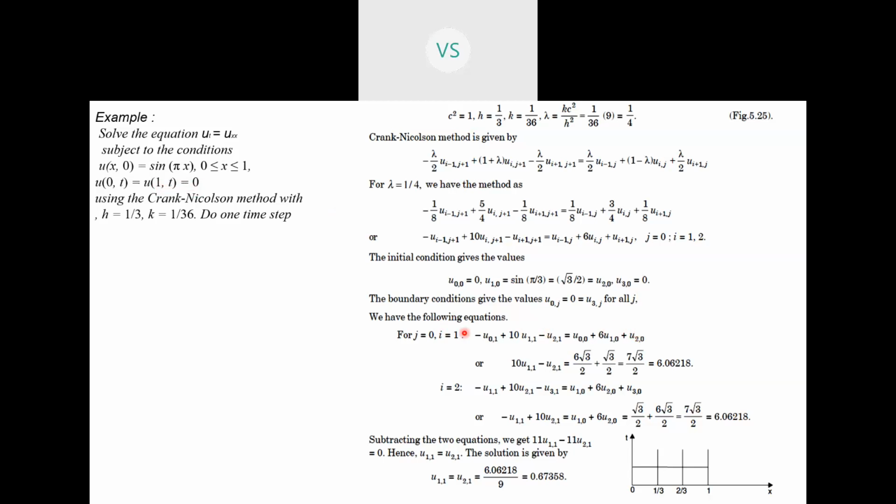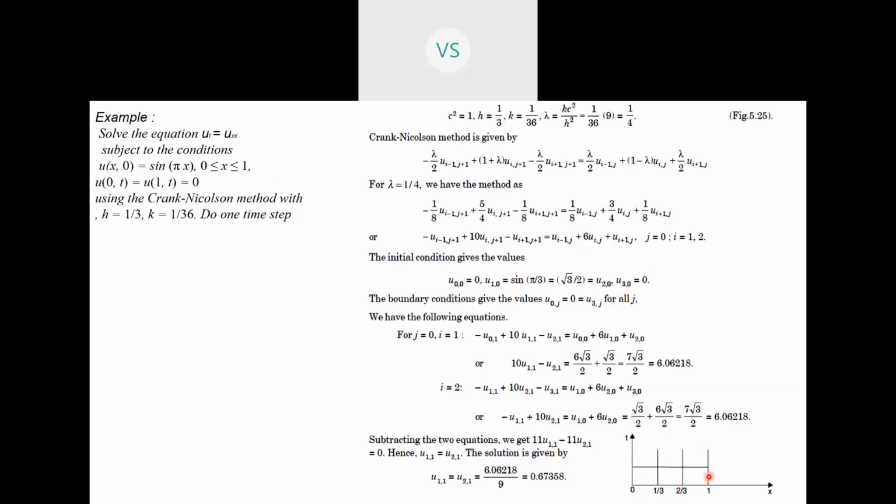Okay. Now what you have to do is that you are having 3 nodal points over here. At x is equal to 0, these points you are knowing. You are also knowing points on this line. Points on this line, they are 0.